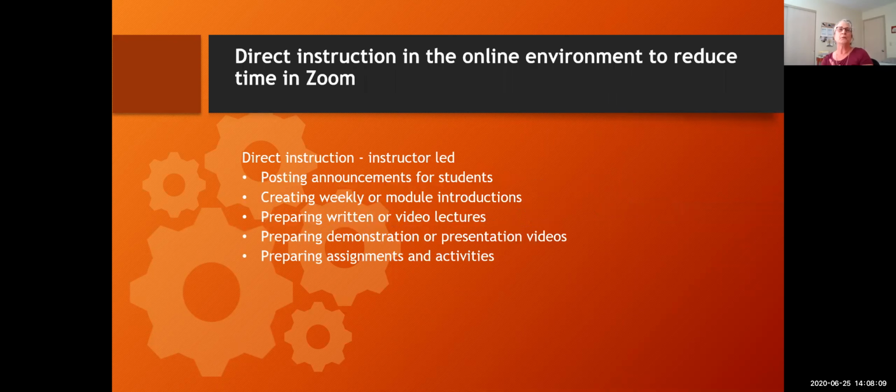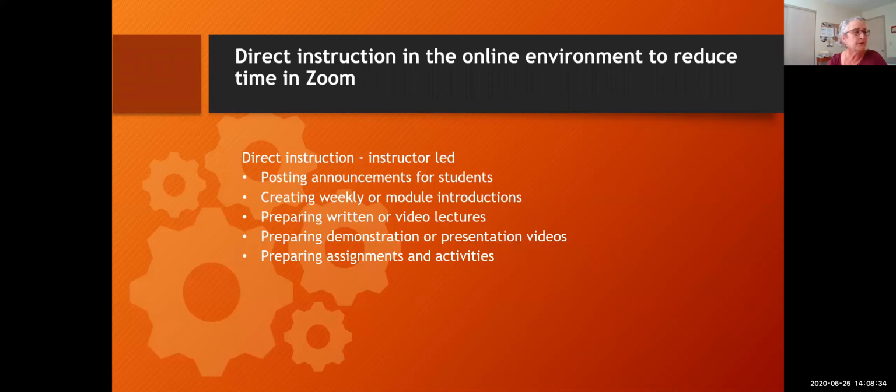So one of the things that we wanted you to understand is that direct instruction in an online environment looks a little bit different than what you were doing in the face-to-face classroom. So these activities can satisfy the credit hour requirements, therefore reducing the time that you have to spend in Zoom.